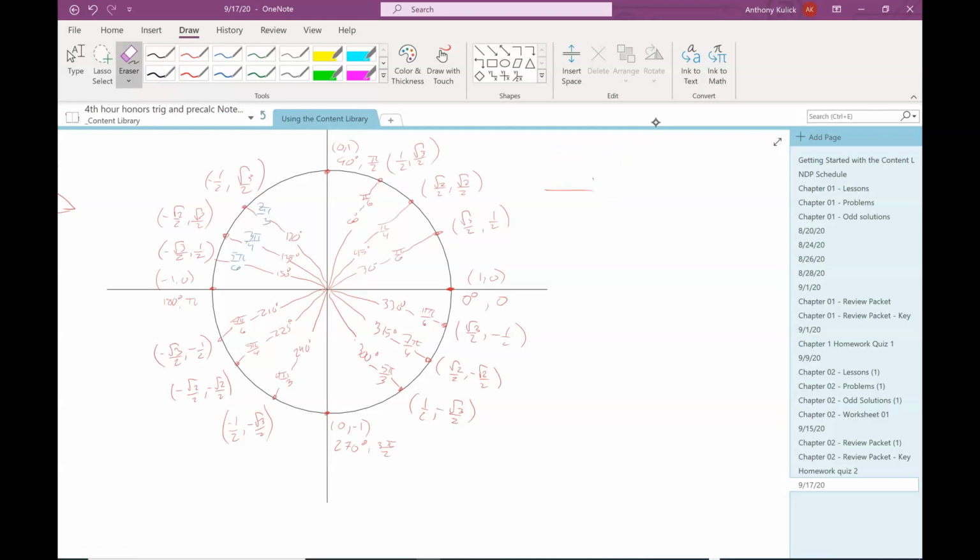So if I wanted to, say, compute sine of 120, well, sine of 120 is going to be the y-coordinate from this picture. So it's just going to be square root 3 over 2.